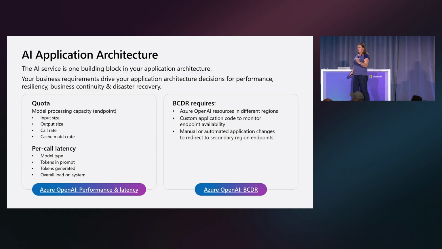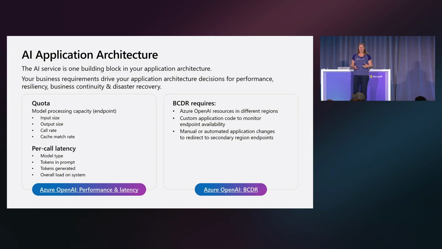So, what performance does it need? How much load is it going to have on it? How responsive does it need to be? What level of resiliency does it need to have built in? What are the plans for business continuity and disaster recovery if this application is unavailable? All of that foundational knowledge that you apply to any workload, you need to apply to your AI applications.